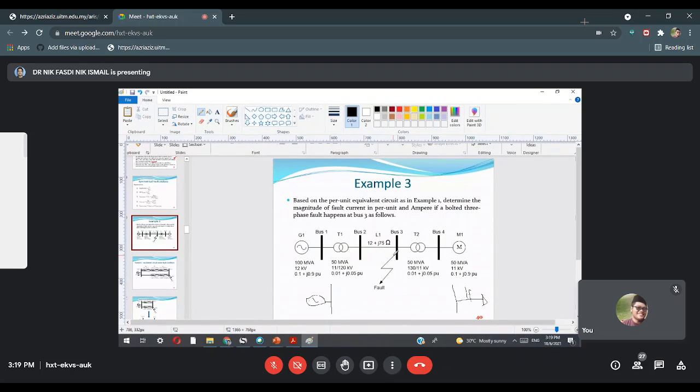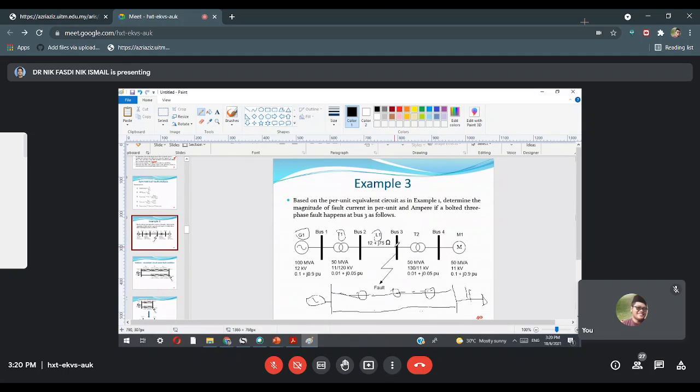So when the fault occurs here, the current divides into 2. You can imagine two parallel lines. I haven't drawn the impedance yet. Because the current splits in two, for the first line, since we look at the fault location, you have line 1, T1 and G1, so you draw from N1, T1 and G1.